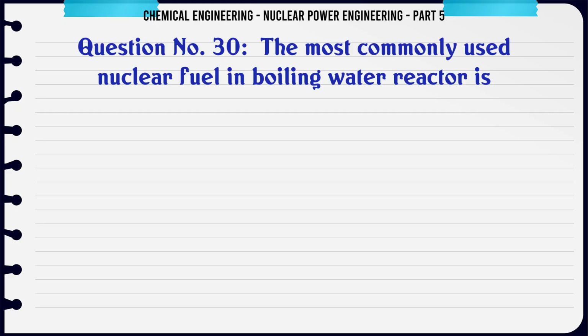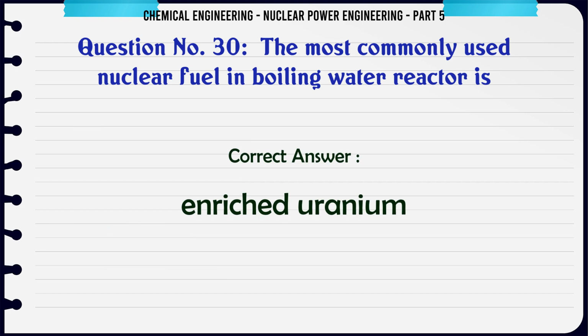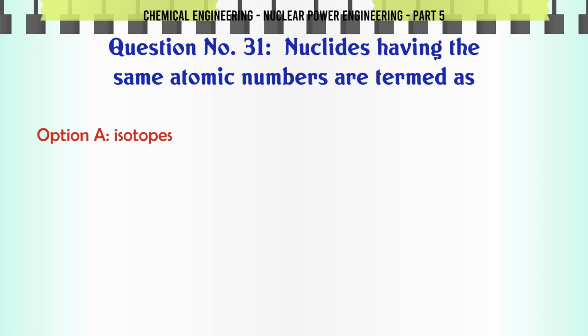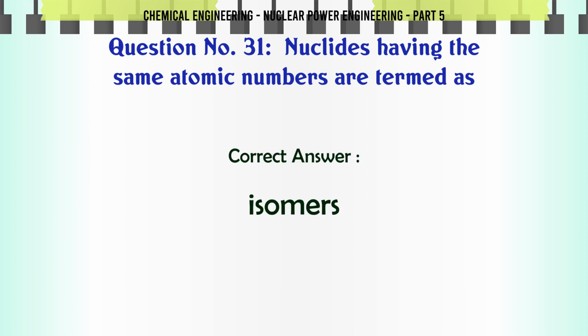The most commonly used nuclear fuel in boiling water reactor is A. Enriched uranium, B. Natural uranium, C. Plutonium, D. Monazite sand. The correct answer is enriched uranium. Nuclides having the same atomic numbers are termed as A. Isotopes, B. Isomers, C. Isotones, D. Isobars. The correct answer is isomers.